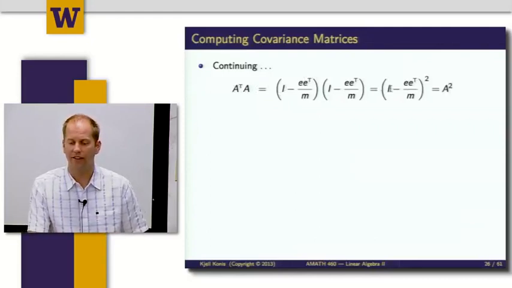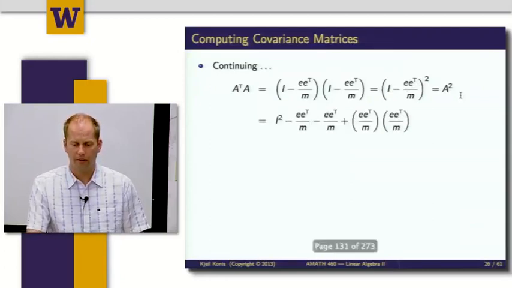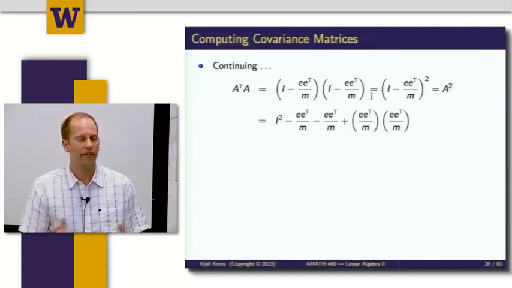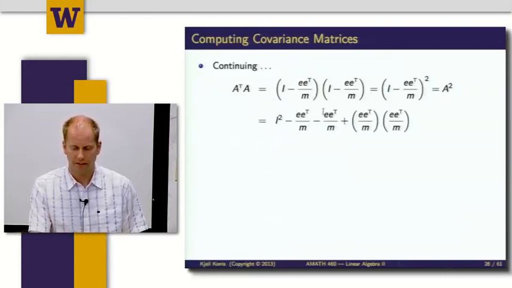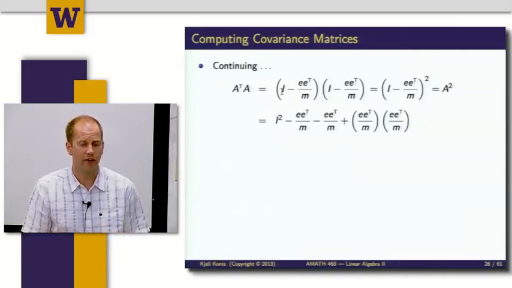So I can say that's equal to I minus EE transpose over M squared. So A transpose A is equal to A squared. But I can actually go ahead and just do this multiplication as well. So let's see what happens when I do that. It's just the standard first, outer, inner, last.